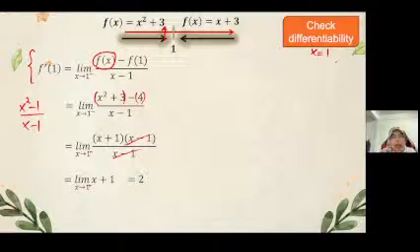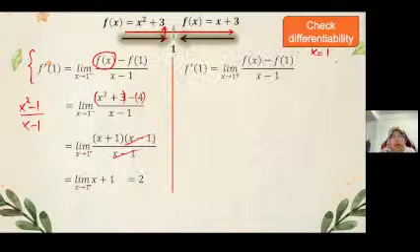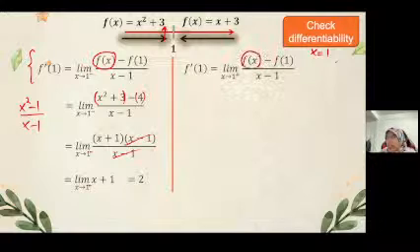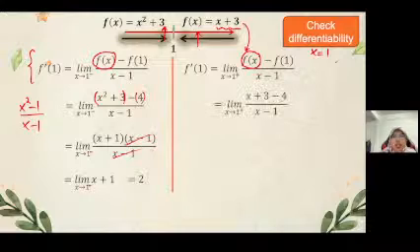Okay, next. You have to calculate f prime of 1 on the right hand side. So this is the limit for x approaching 1 on the right hand side of (f(x) minus f(1)) over (x minus 1). Of course, you need to use the correct function. On the right hand side of 1, the function is x plus 3. So make sure to use x plus 3 over here. So we have x plus 3 as the function and then minus 4, since you just substitute x with 1 and get 4.